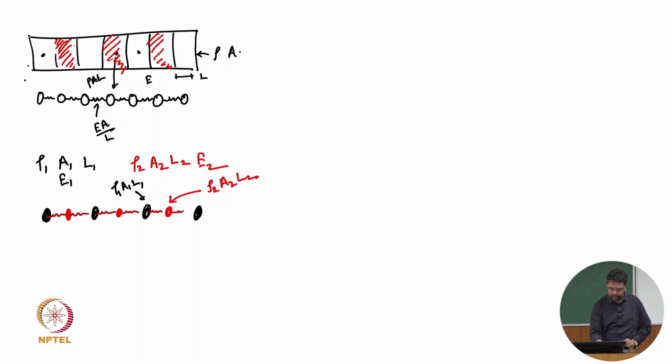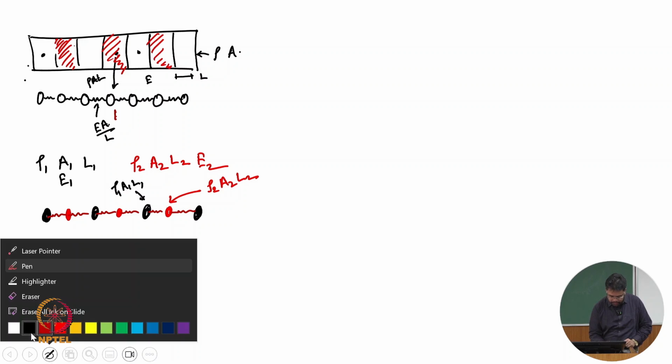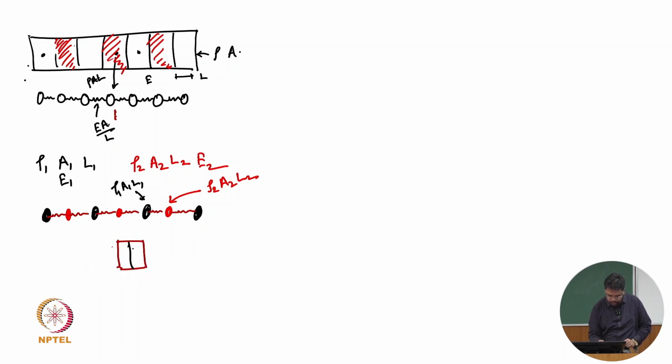That stiffness is basically a combination of both stiffnesses. If you take that portion, half of it is black and half of it is red.